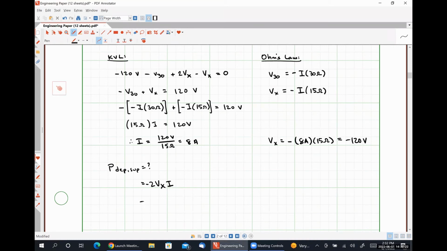So this would look like negative 2 times Vx of negative 120 volts times I, which is 8 amps, tells us that our dependent source is supplying positive 1,920 watts of power.